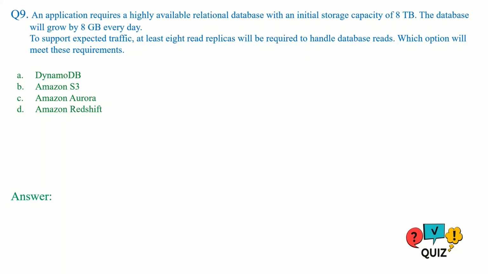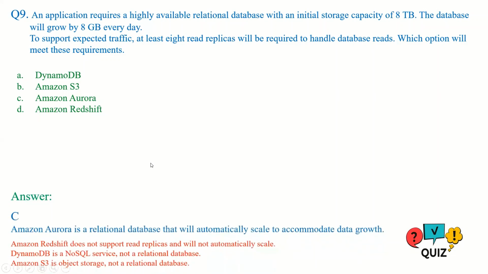So we have 4 options to go with, 1 correct answer. I think it's C, sir. Yes, Amazon Aurora, that is correct. Very good. Amazon Aurora is a relational database that will automatically scale to accommodate data growth.